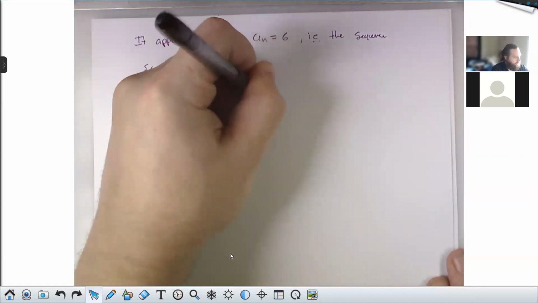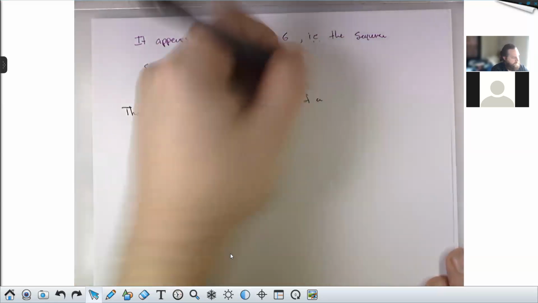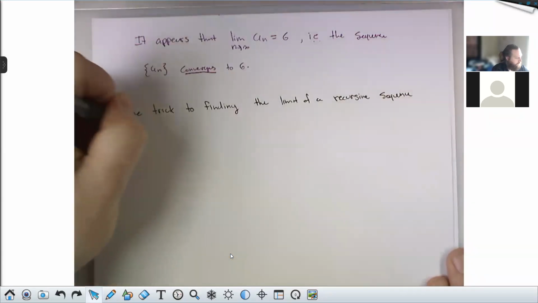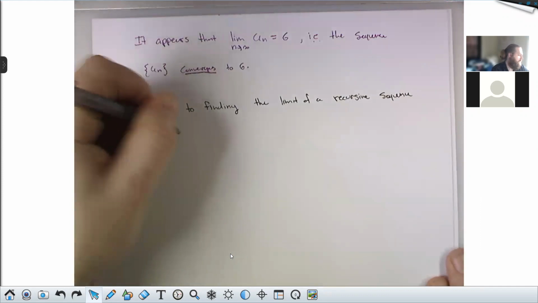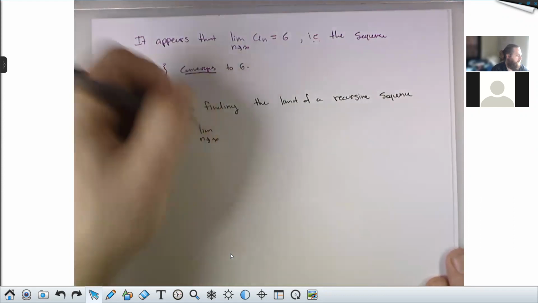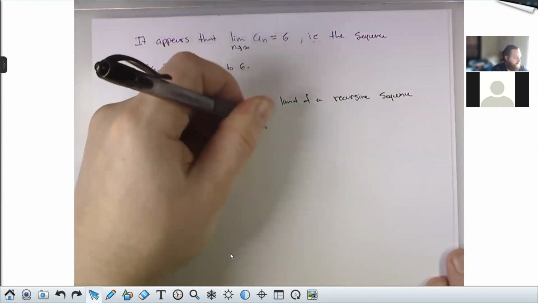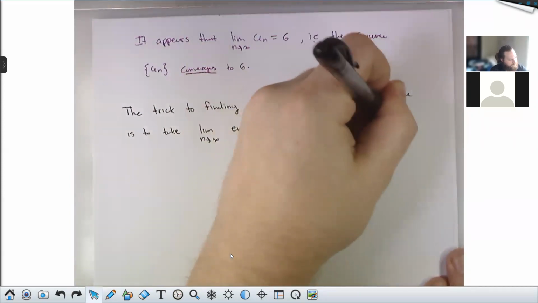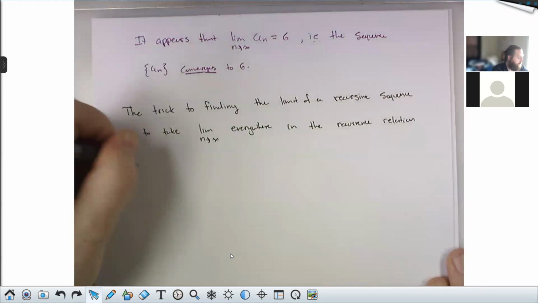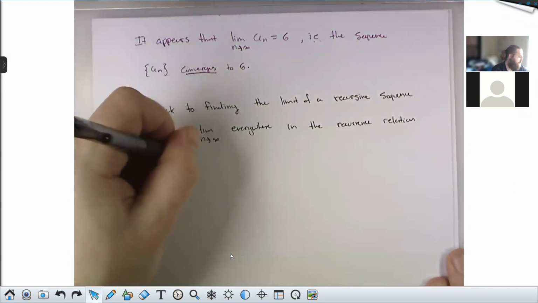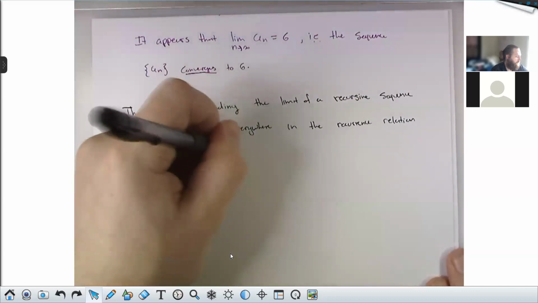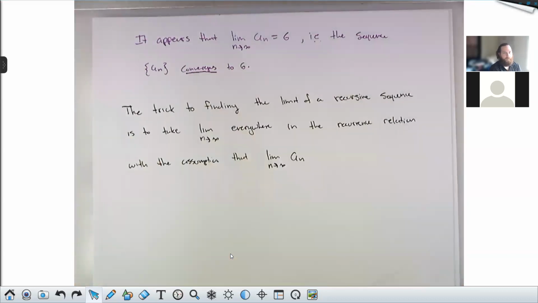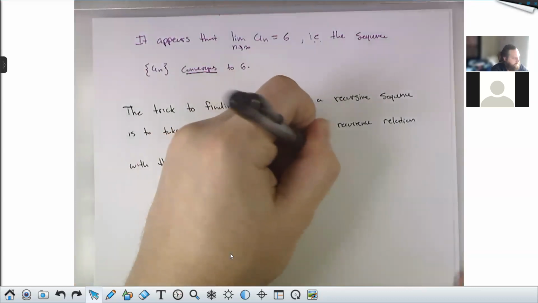The trick to finding the limit of a recursive sequence is to take lim n to infinity everywhere in the recurrence relation, with the assumption that lim n to infinity a_n exists, and we give it a name.